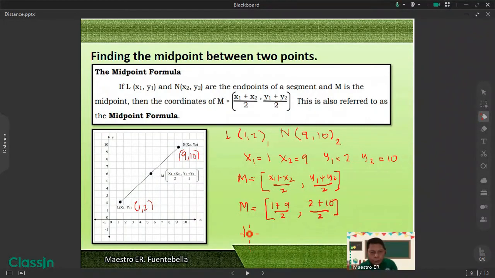And so therefore, the coordinates now of the midpoint is equal to 1 plus 9 is 10, divided by 2 is 5, and 2 plus 10 is 12, over 2 is 6. So it means that the midpoint between point L and point N is at 5 and 6. Okay?